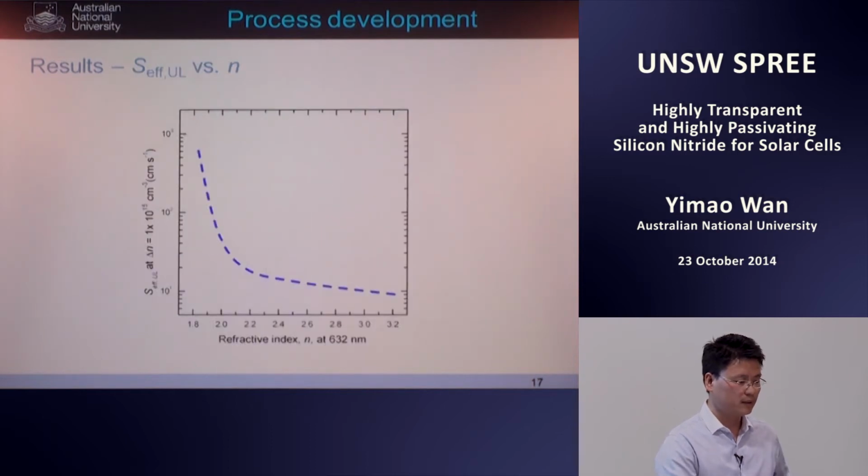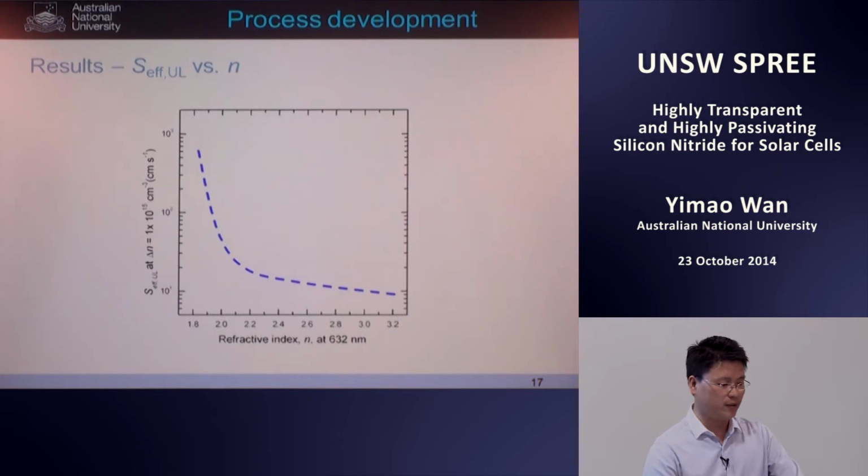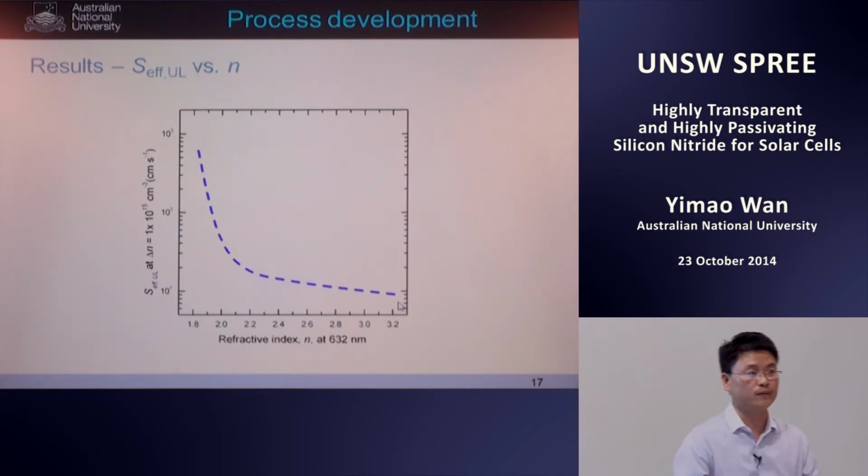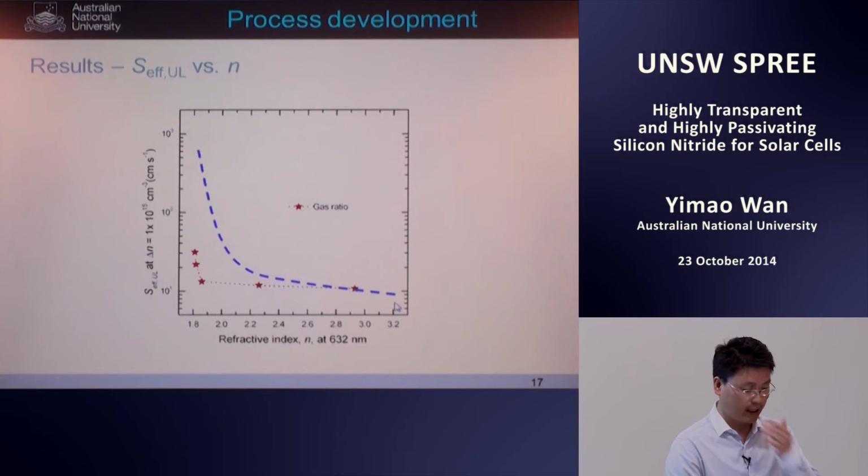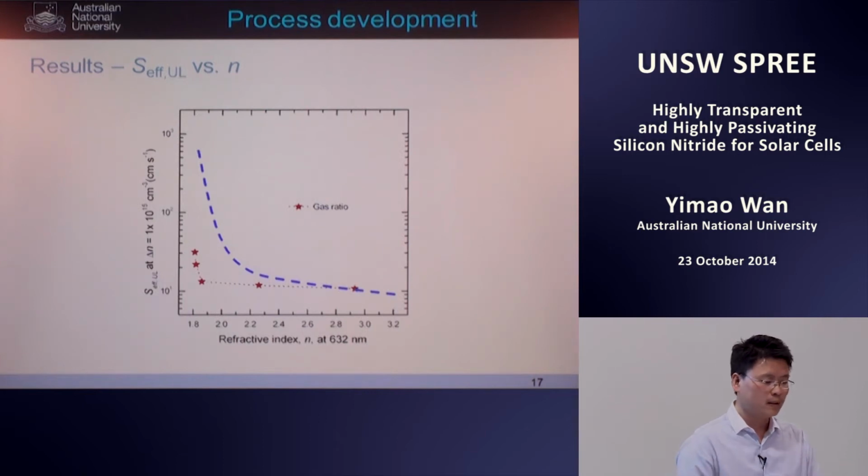So we summarize the results of the previous two slides by plotting the surface recombination against the refractive index. The blue line is the classic trend I presented at the beginning, where the recombination decreases as the refractive index increases. And when I change the gas ratio, we get quite a similar trend.